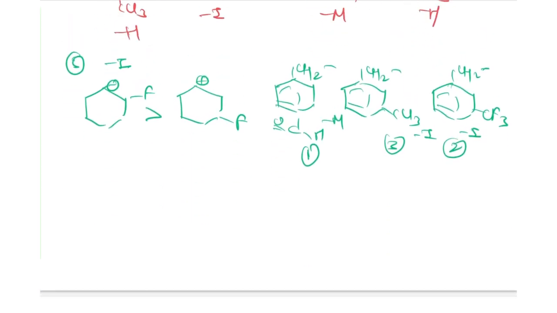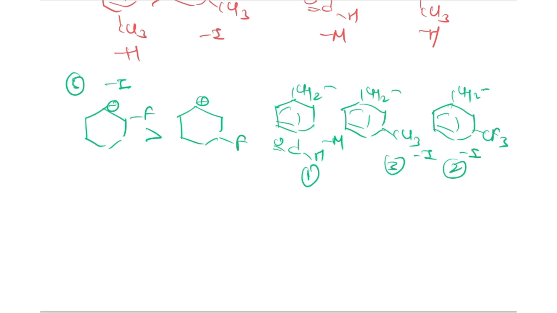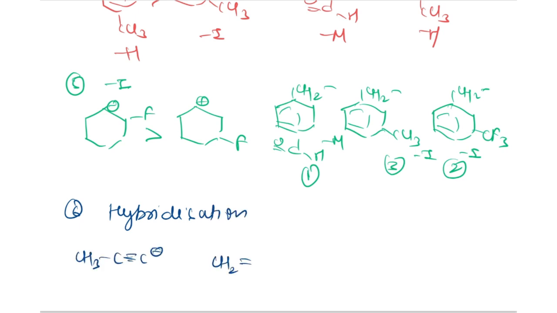Now next we talk about hybridization. We have CH3 C triple bond C negative, CH2 double bond CH negative, CH3 CH2 CH2 negative. So one has sp hybridization, more electronegative, 1, 2, and 3.